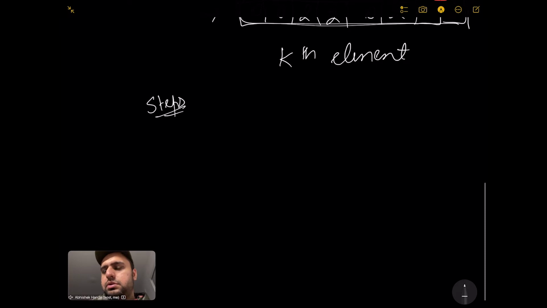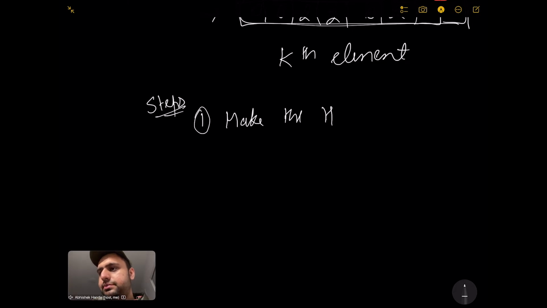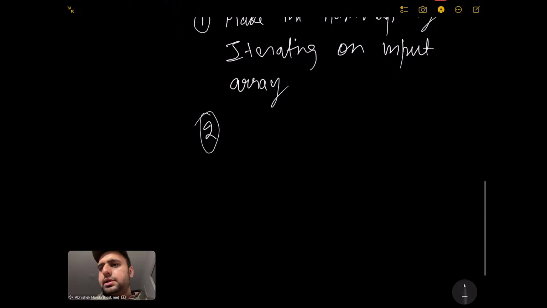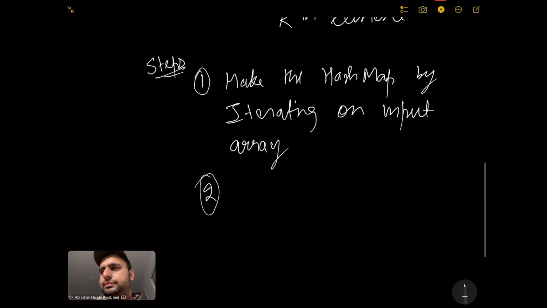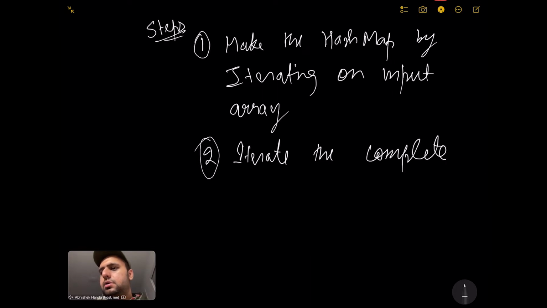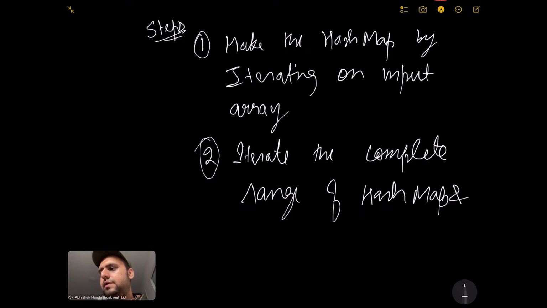Step number 1 is make the hash map by iterating over the input array, and step 2 is to iterate the complete range of the hash map and try to find the kth element.